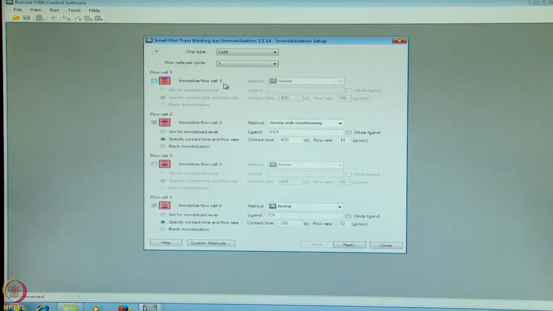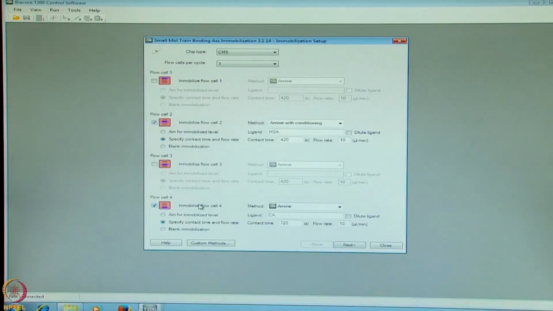On flow channel 1, we leave it blank, and flow channel 3 also we leave it blank. On flow channel 2, human serum albumin is immobilized with a specified contact time of 420 seconds and flow rate of 10 microliter per minute.